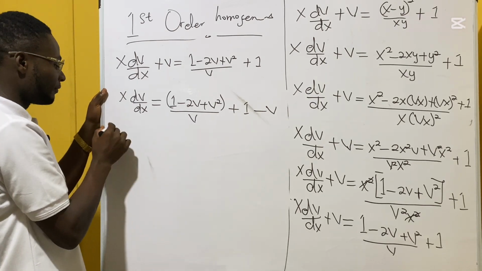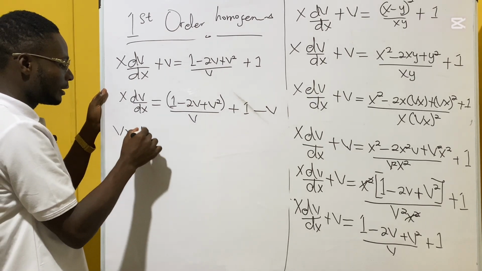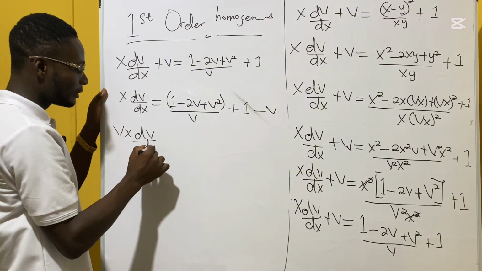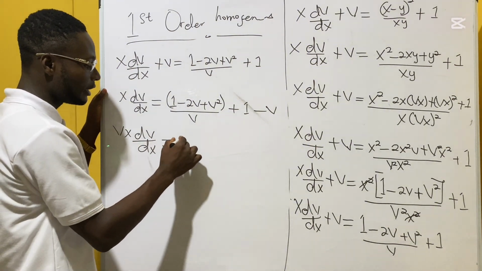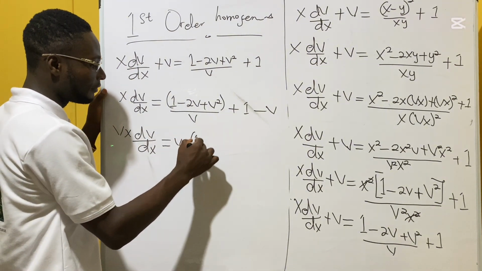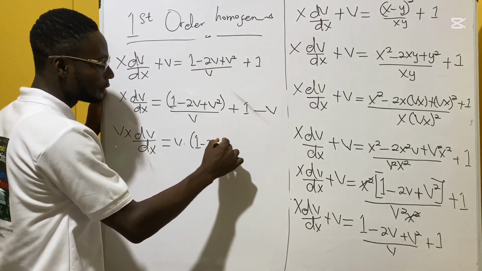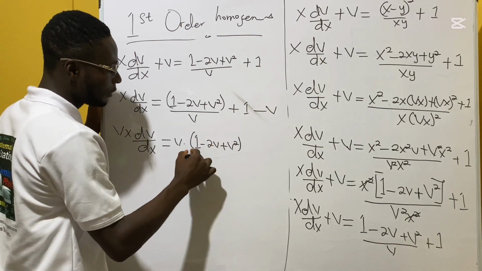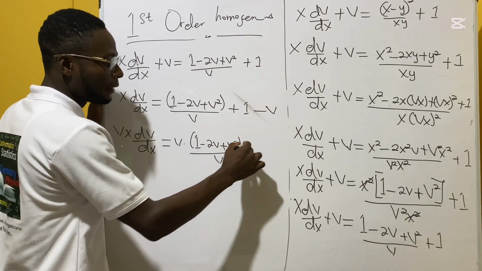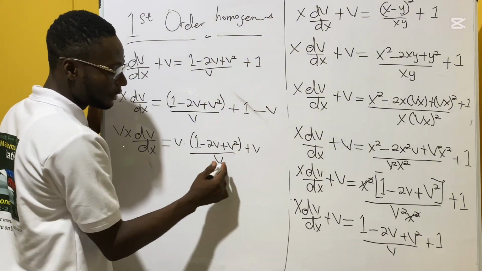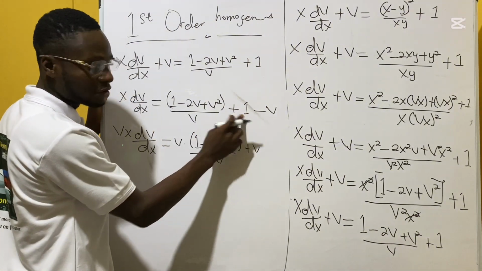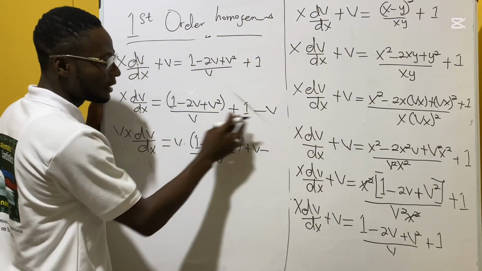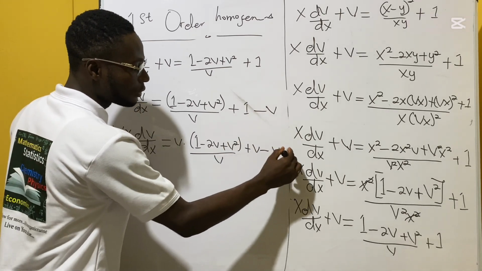So we have vx dv over dx should be equal to v times whatever is in the brackets, all over v plus v. This v times 1 is v, minus v times v is going to be v squared.